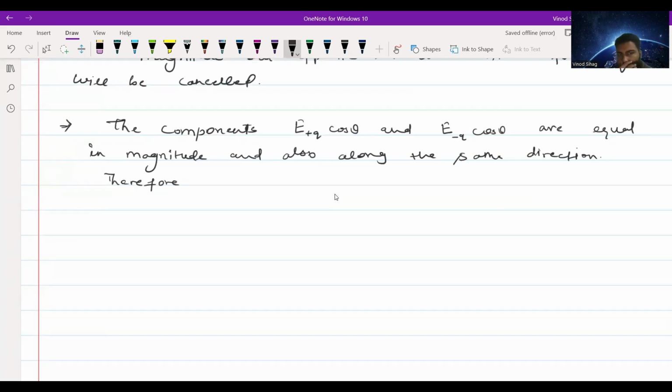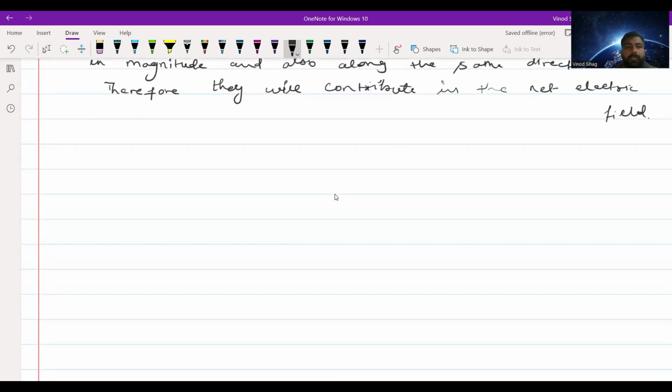Therefore, they will contribute in the net electric field. के नेट इलेक्ट्रिक फील्ड में वो कंपोनेंट कंट्रीब्यूट करेंगे.